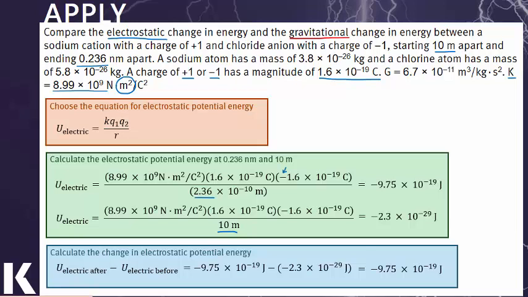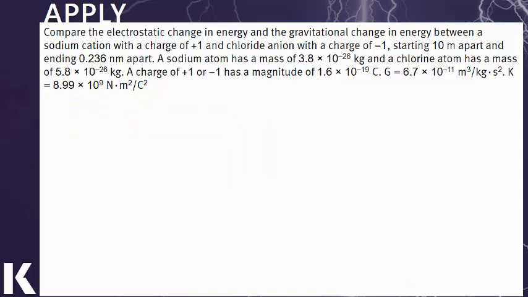The fact that the change in electrostatic potential energy is negative makes sense. Remember that opposite charges have the lowest potential energy whenever they are closest together. So if I take a positive and negative charge and move them closer together, there should be a decrease in their potential energy.